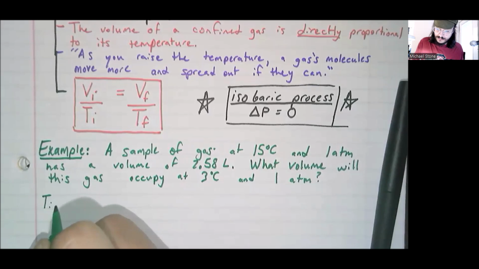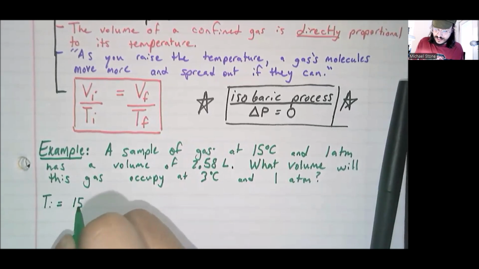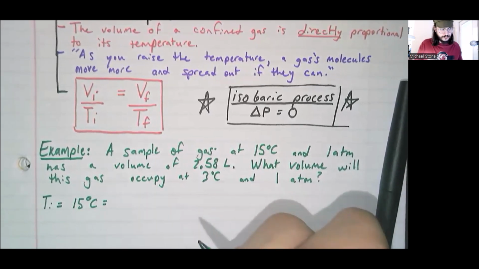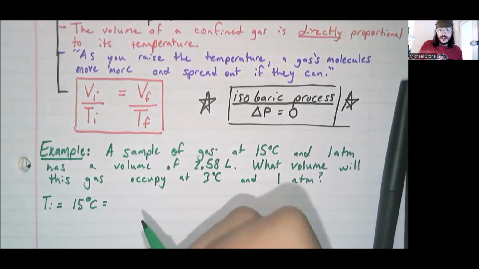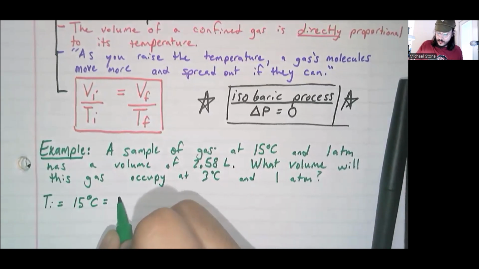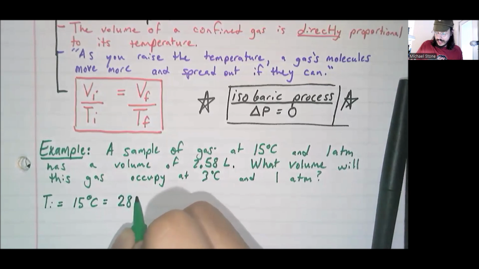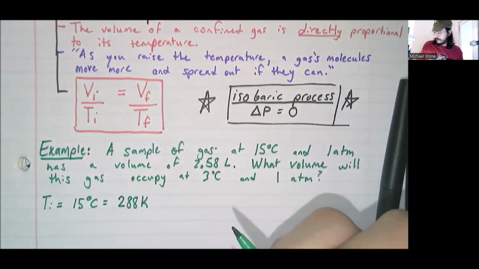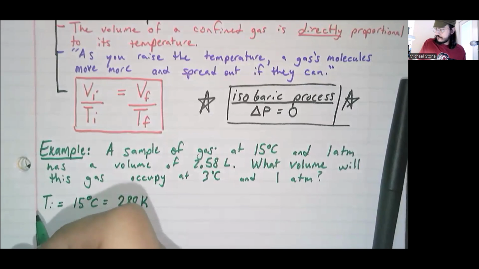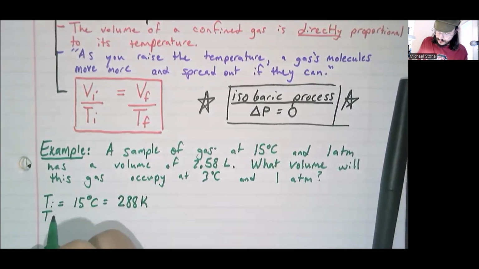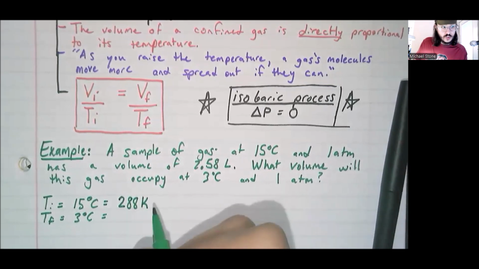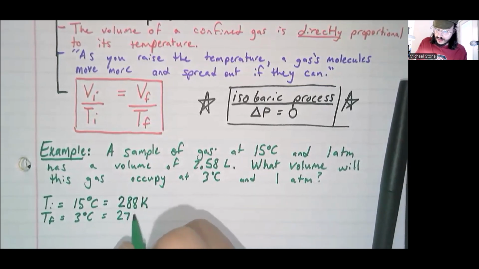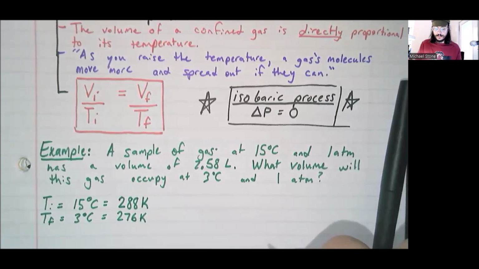Your initial temperature is 15 degrees Celsius, but Celsius includes negative numbers. If you were to add 273 to this, you would get 288 Kelvin. If you take the final value for the temperature, 3 degrees Celsius, and you add 273 to that, you get 276 Kelvin.